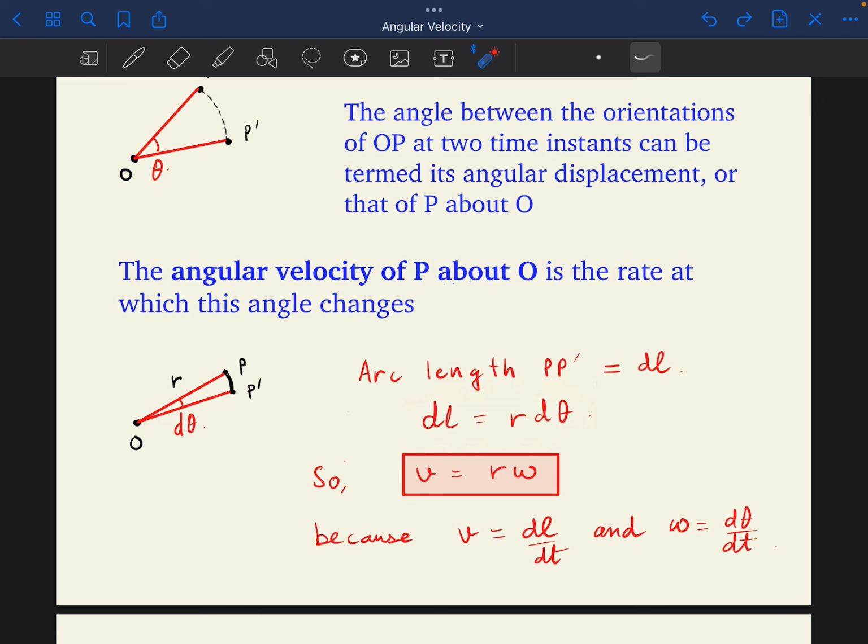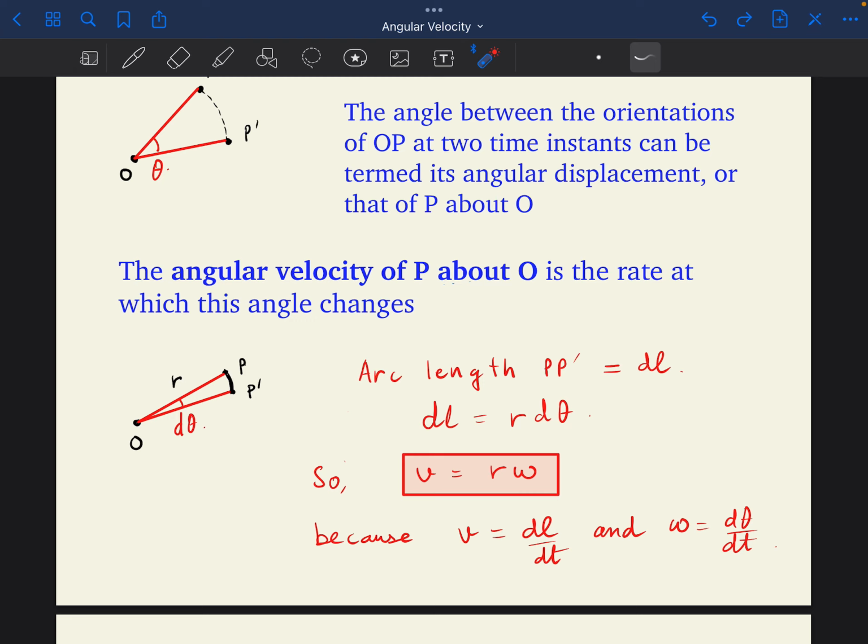And if we divide by dt on both sides, on the left side we get the speed of the particle, which is the arc length dl traveled in time dt, the linear speed of the particle, and d theta by dt is the angular velocity, which we have just defined.